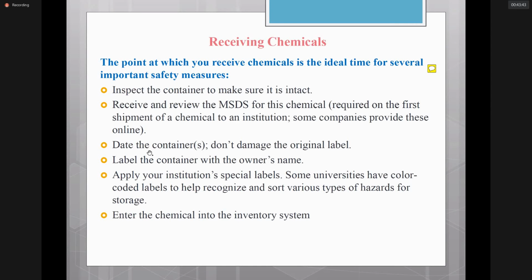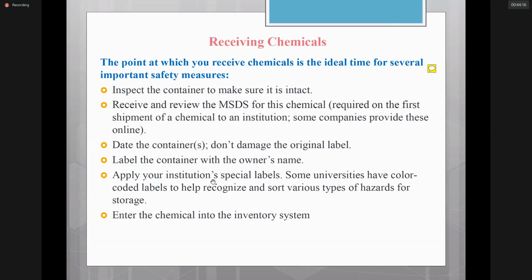Second, check the date of the container or the bottle. Don't damage the original label on this chemical. Label the container with the owner's name. The professional personnel that ordered this chemical must label their name on the bottle, because he or she is responsible for the storage and handling of this chemical.